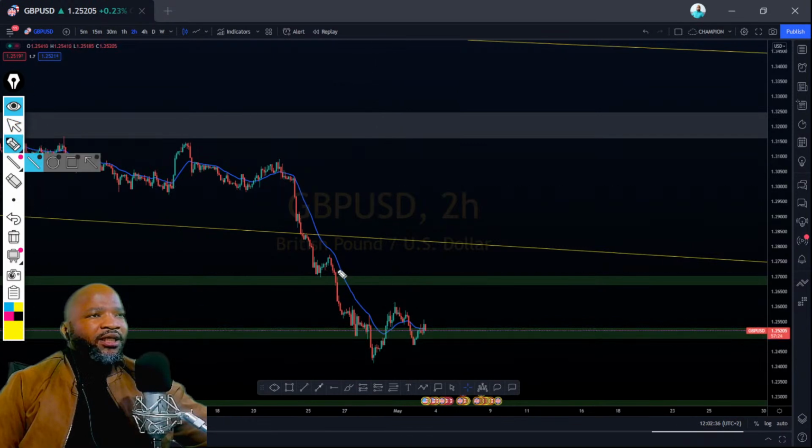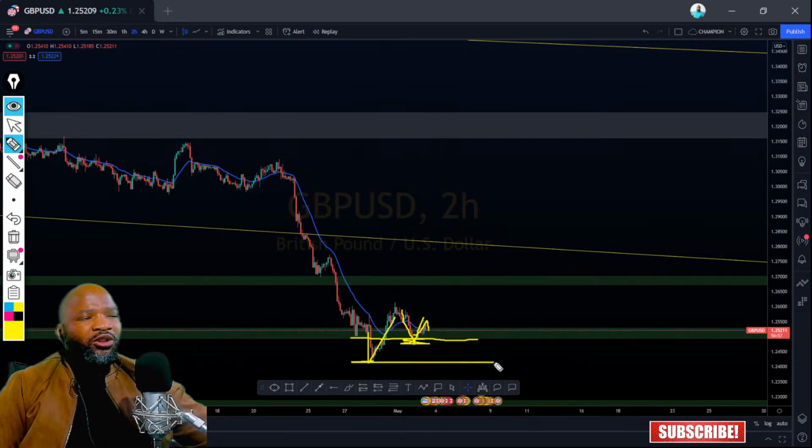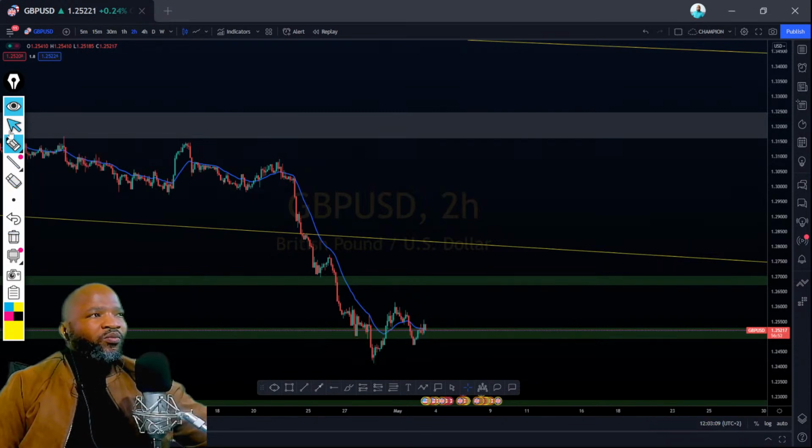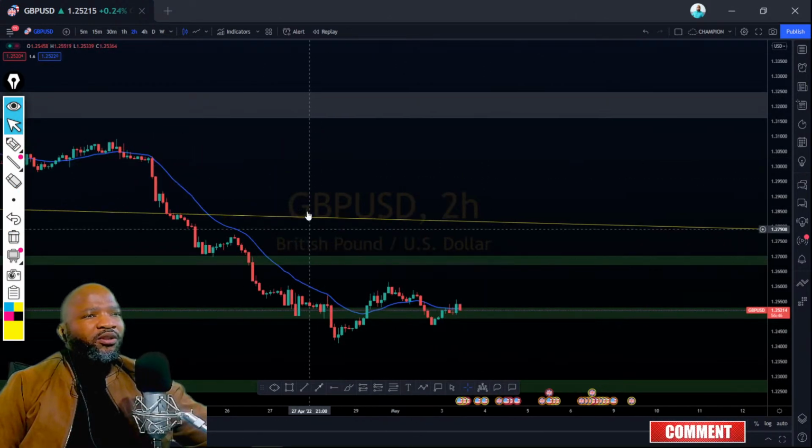It was bearish, now it's giving us this type of structure showing that it's about to respect the level. This is our lower low at the moment, and the price is about to respect this level and is not able to break this previous lower low. I hope it makes sense.